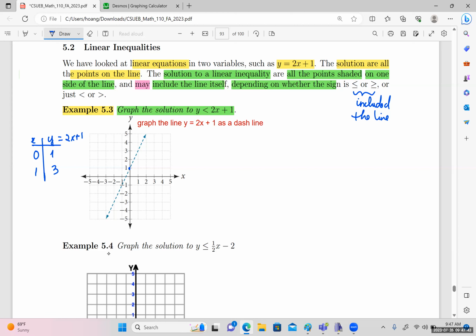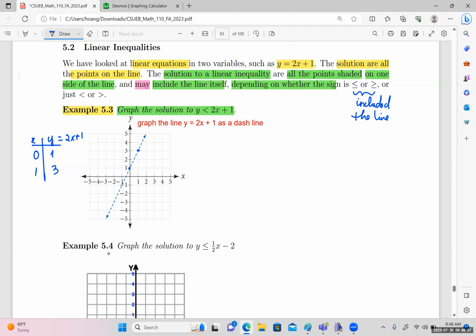One is this one, another is this one, and then you draw the dashed line through these points, and this line is like a fence for us to know there is an area that we will have to shade later on one side of the line. It could be this side or it could be this side. Who knows? We have to check that, right?